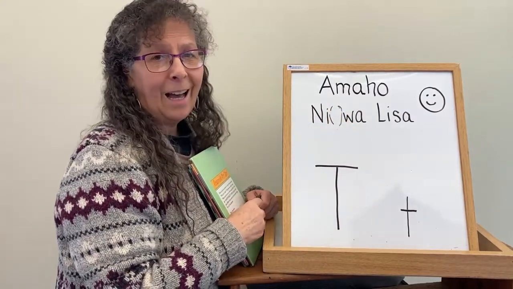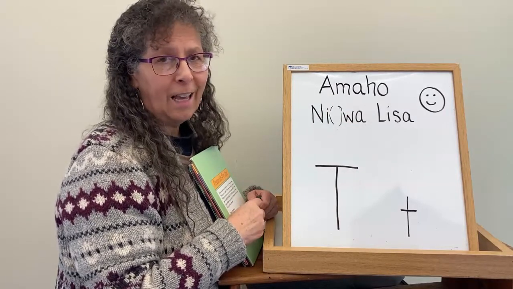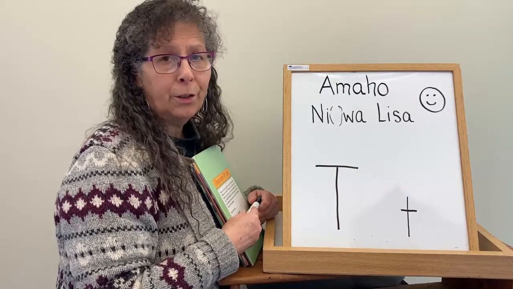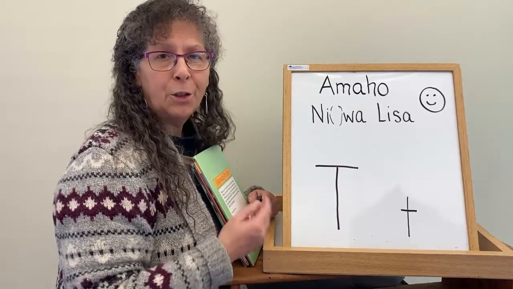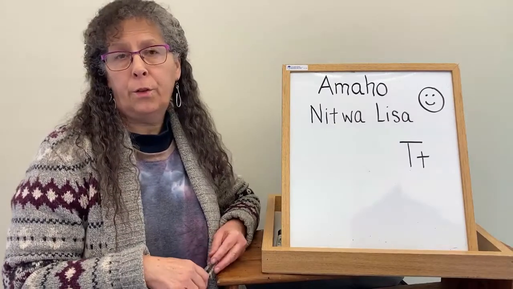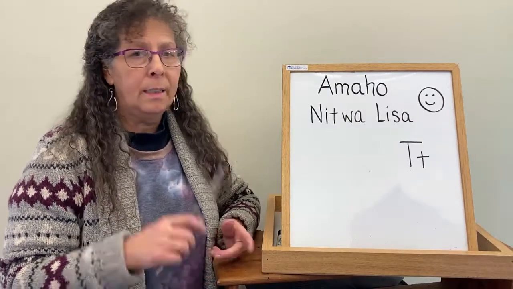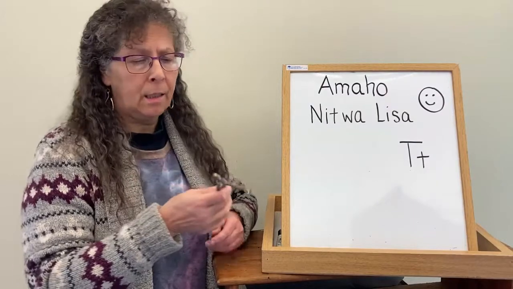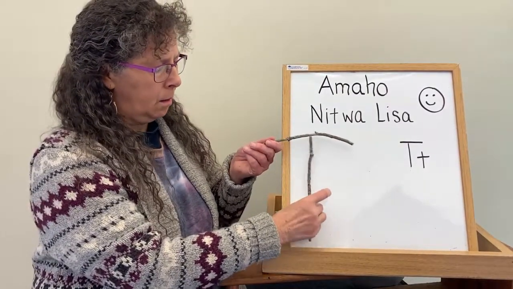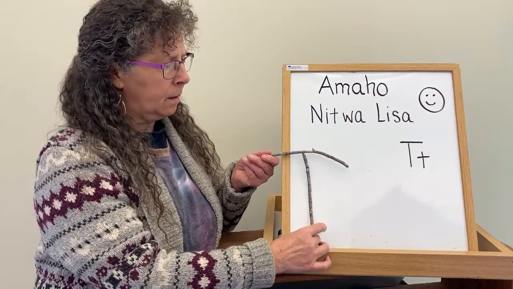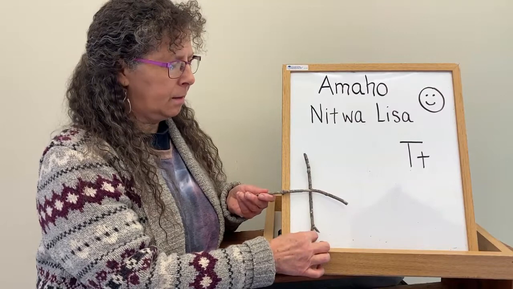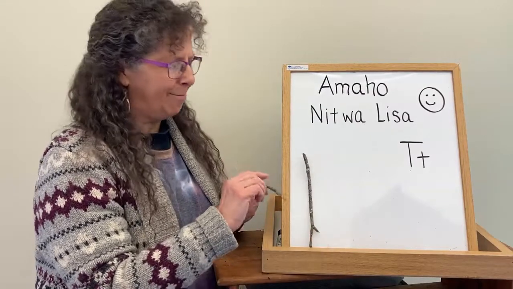So we like to have lots of fun and play games around the letters with the children. So I'm going to show you some other games we would play. One thing you could do with the children is have them gather some sticks and then have them make the letter T with the sticks. They can make a capital T and a lowercase t. They might have to break it.